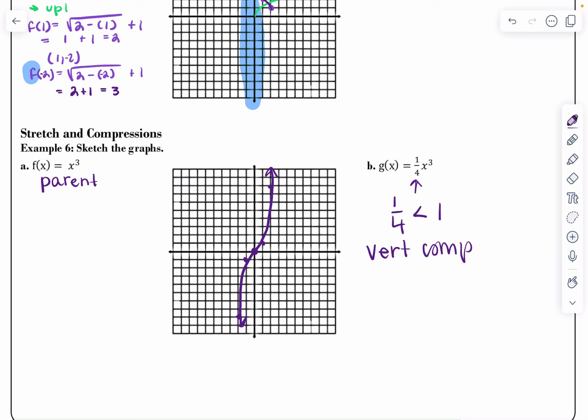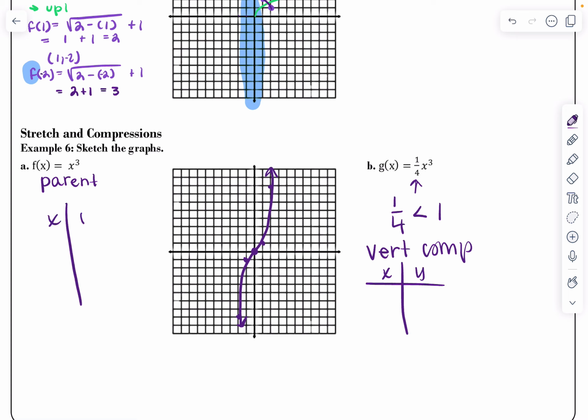So we can do a table, or you can just use your graphing calculator depending on what you have accessible to you. So we can just do a quick table just so you can see. So we have x and then we have y. We're just going to mirror the points of a parent function.